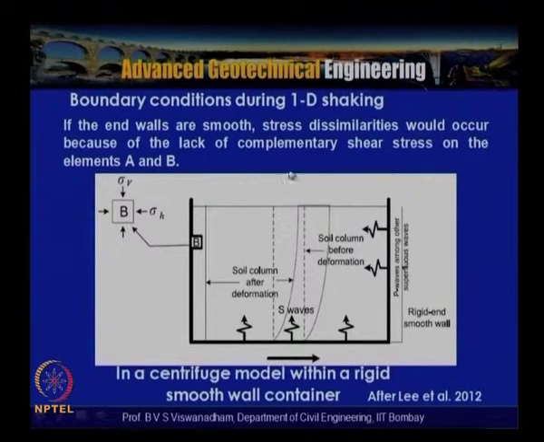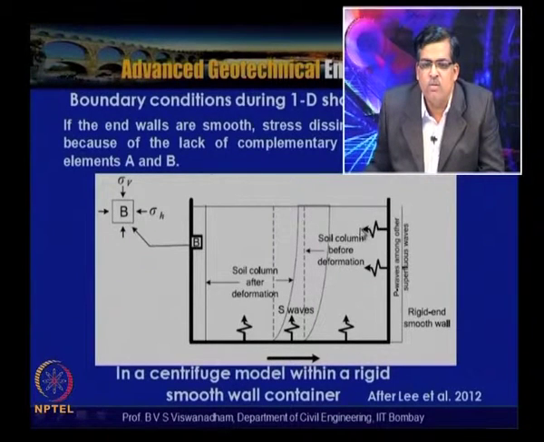When we have a rigid container with a smooth wall, the absence of the shear stresses can be noted here, and the reflection of waves occurs. At the center the deformation may be identical to that in the field, but the edges are different when the model is subjected to shaking in this direction.